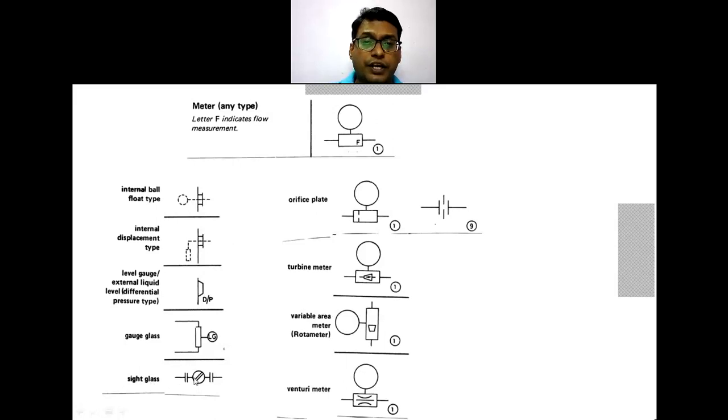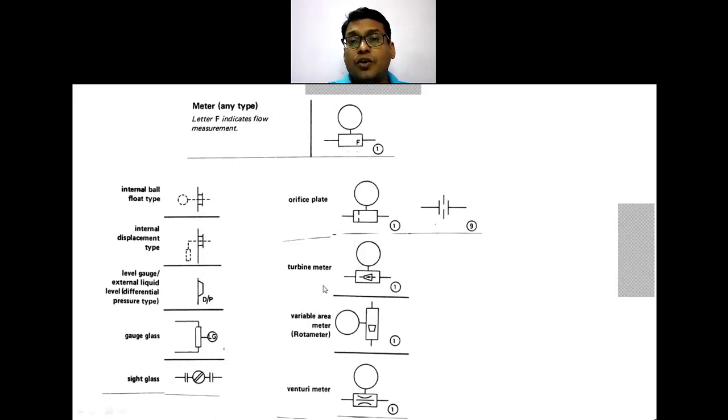All these are the different equipment or accessories available in our P&ID diagrams. But their meaning should be understood from the perspective of the instruments, the chemical equipment, and the electrical and electronics direction.